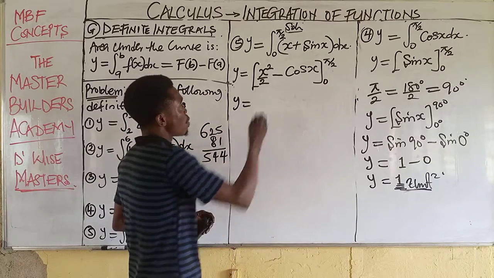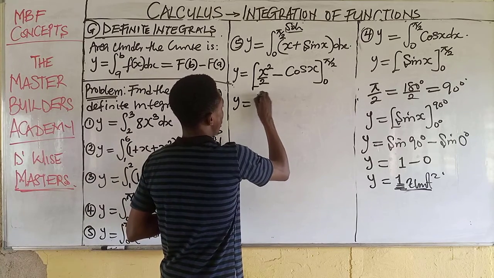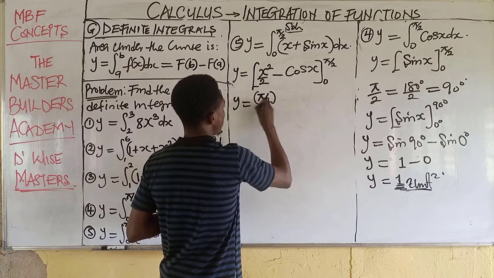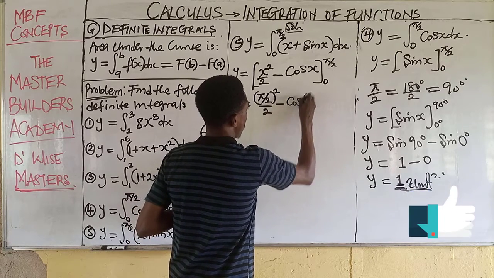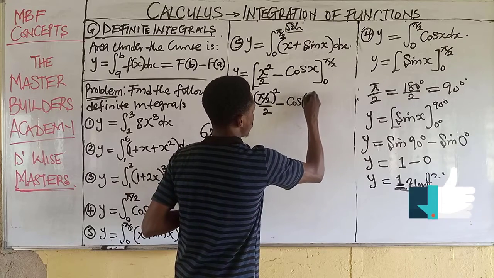So first, when we substitute the upper limit, we have pi over 2 squared all over 2 minus cos pi over 2.